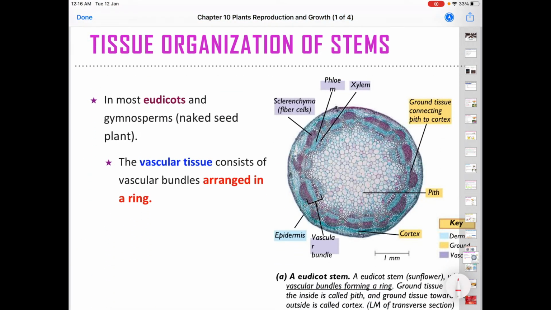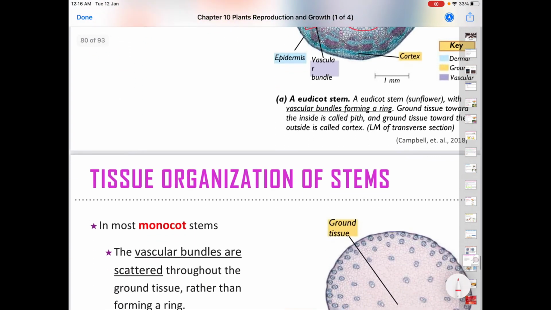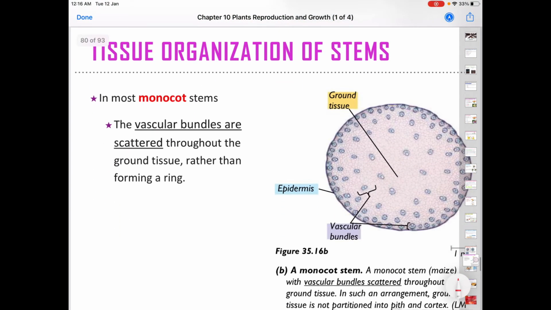Alright, tissue organization of the stem. In most eudicots and gymnosperms, the vascular tissue consists of vascular bundles that are arranged in a ring. So this is the vascular bundle, and they form in the shape of a ring.